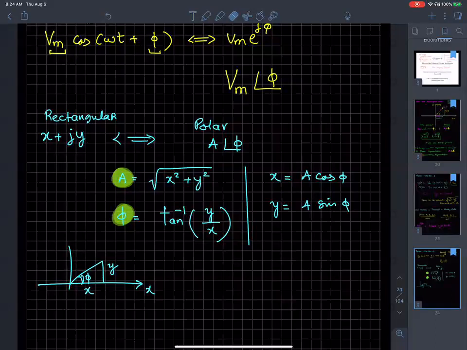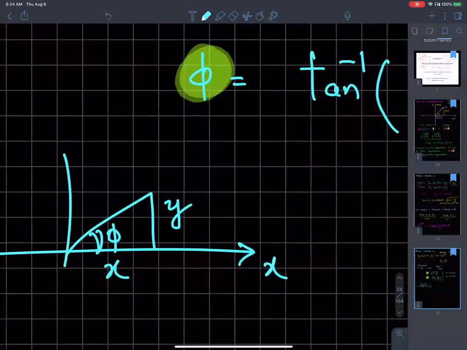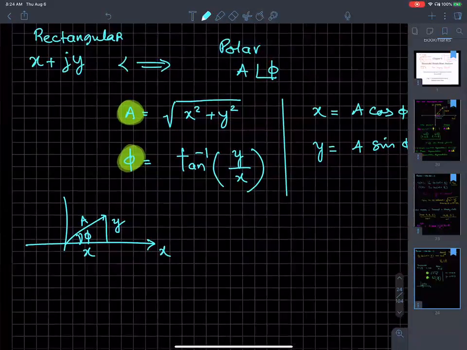Okay, so it's easy to see how they're related. And of course, this is the magnitude, which is x squared plus y squared, and that's exactly what I have here. Real part squared plus imaginary part squared.